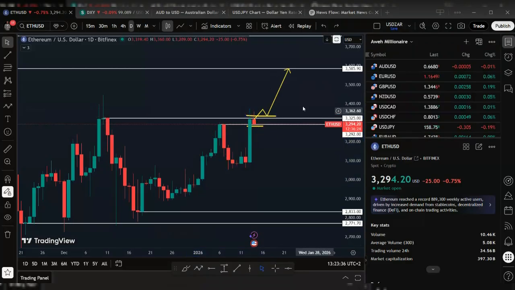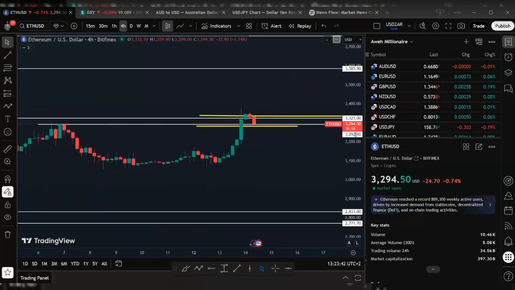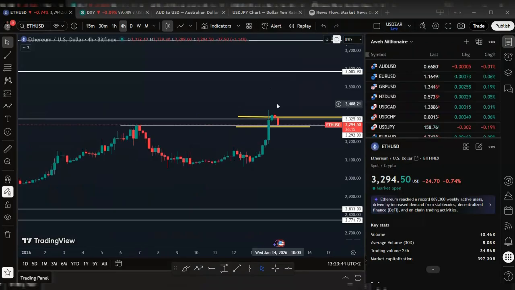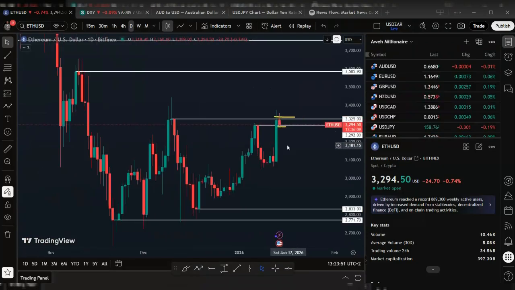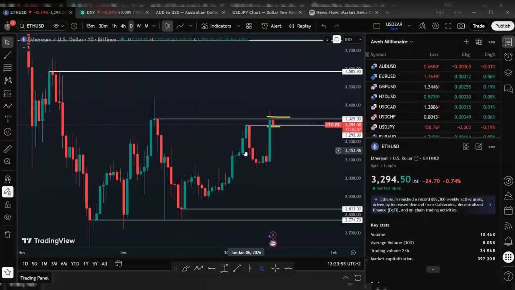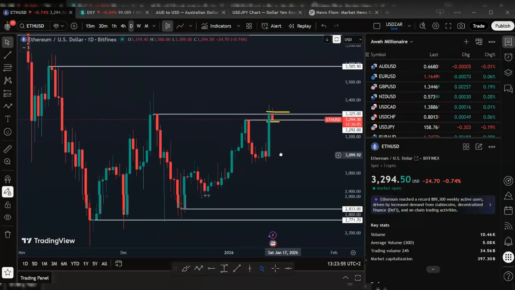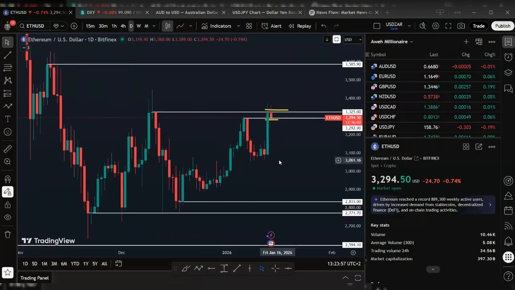So since price is in this range, a breakout from either the top or the bottom could set up the more long-term direction of where price is going to be moving in the future. So from the 4-hour time frame downwards, this is an opportunity to look for those key breakouts from this zone. So this is ETHUSD, which is Ethereum as well.